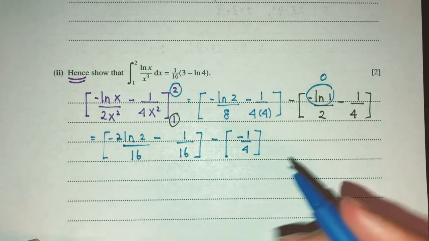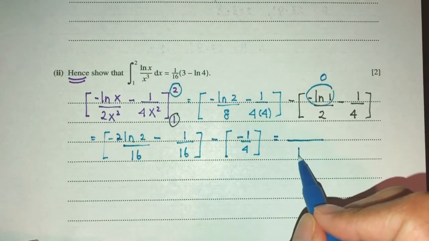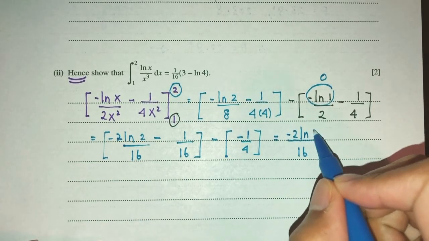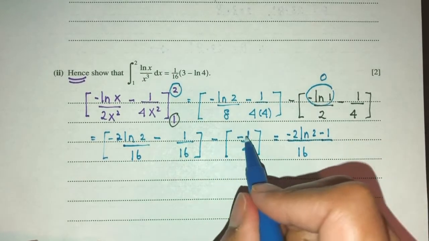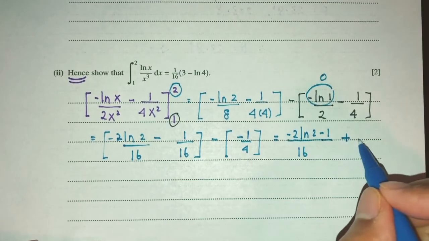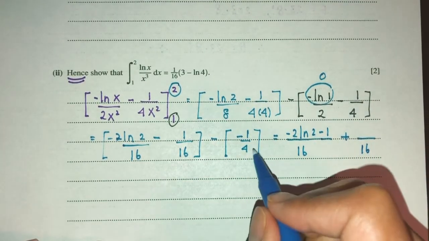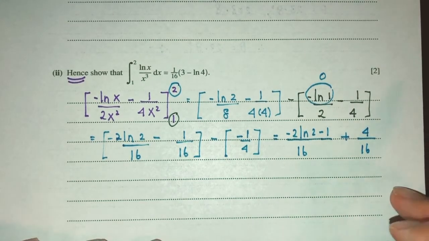Okay, so now we can simplify again. So for the first part, everything is base 16 already. We have minus 2 ln of 2 minus 1. Then we have, so minus minus become plus, plus over, here we have 4, we can make it become 16. We have to times 4 will become 4. Now we can simplify.